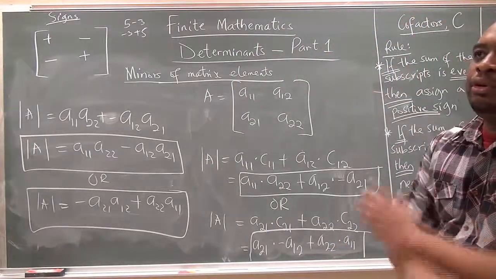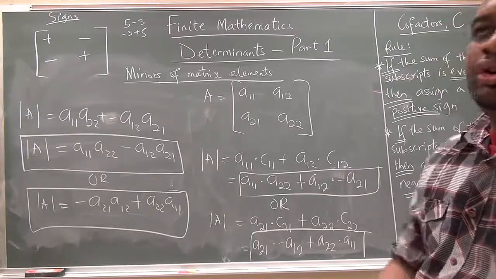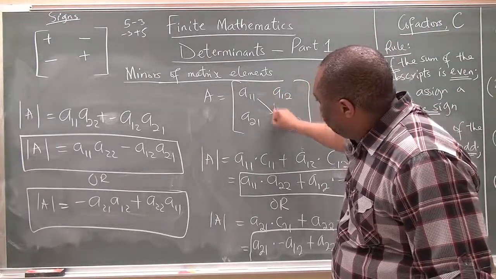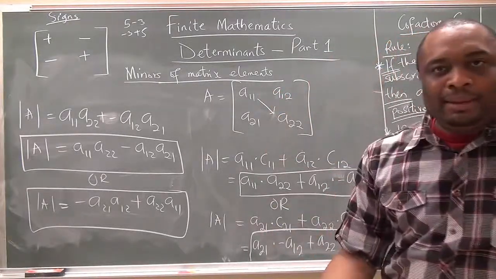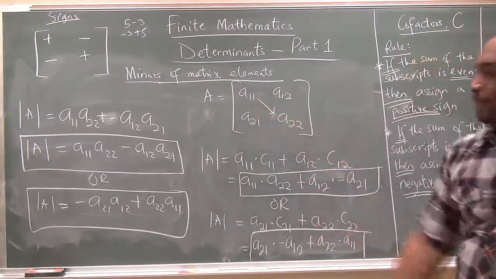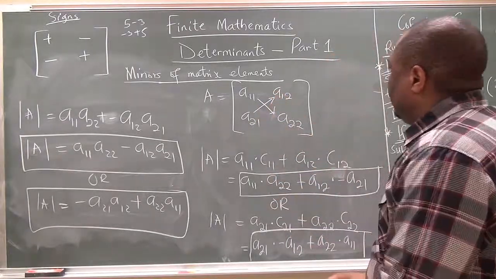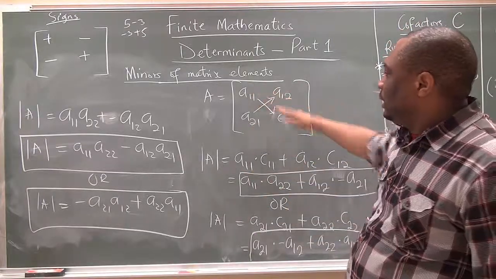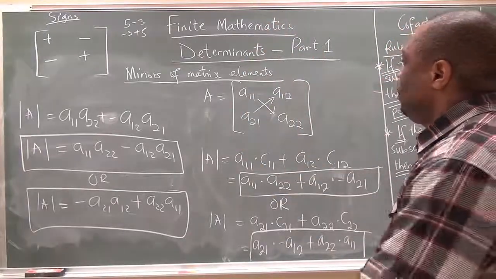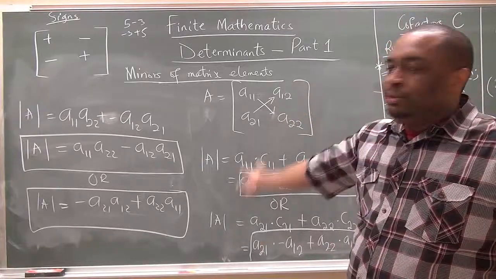So now the textbook will simplify it for you and tell you what you could easily do is just multiply this diagonal, because either way it's going to be the same thing. Just multiply the diagonal, A11 times A22, minus this diagonal, A21 times A12, or A12 times A21.